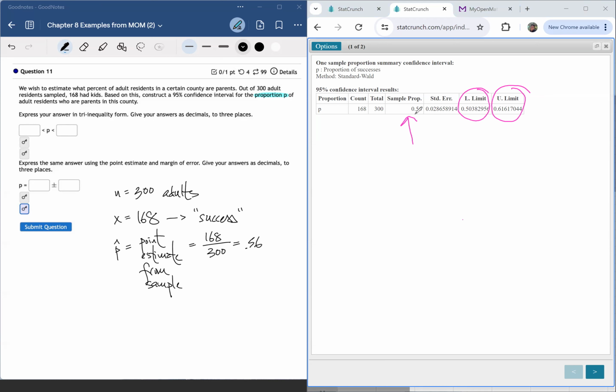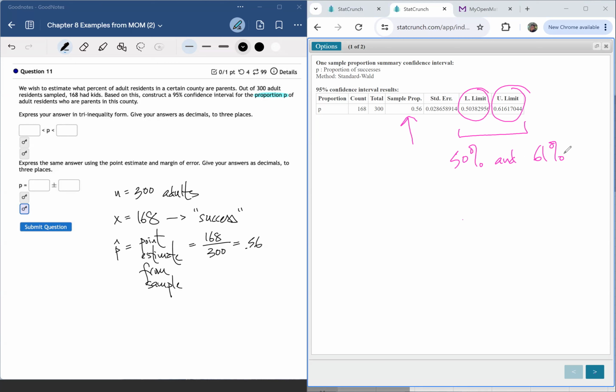But if I wanted to ask every single adult in the entire county, I am 95% sure that the proportion of people who are parents would be somewhere between 50% and 61%. And I'm 95% sure that this is true.